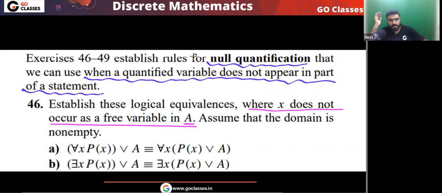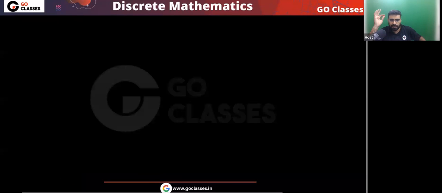Let me know. The statement is clear that this quantified variable does not appear in A, or I can say this variable is not a free variable in A. In this A, there is no free variable x.